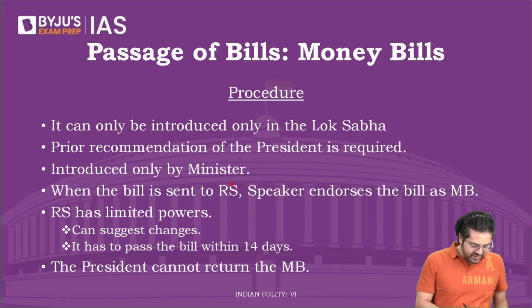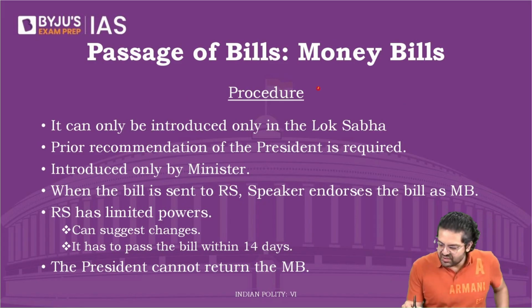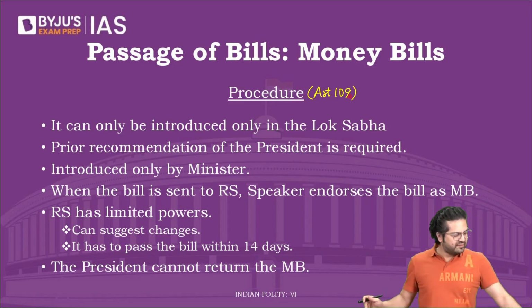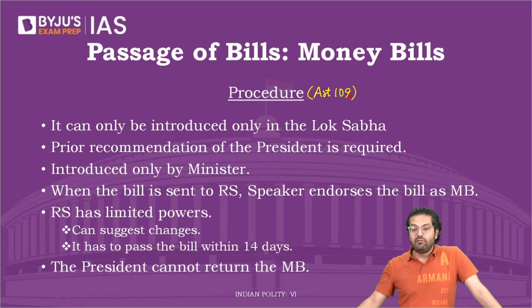So the procedure to pass a money bill is mentioned in Article 109. The same concept is there, the same three readings are there with some differences. What's the difference? The difference is with respect to certain small points.